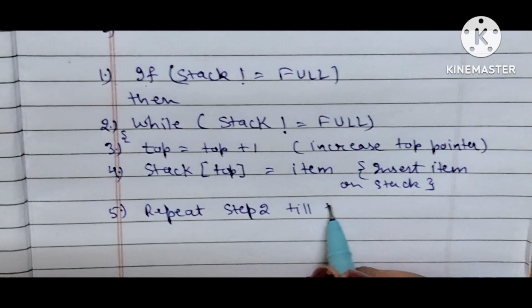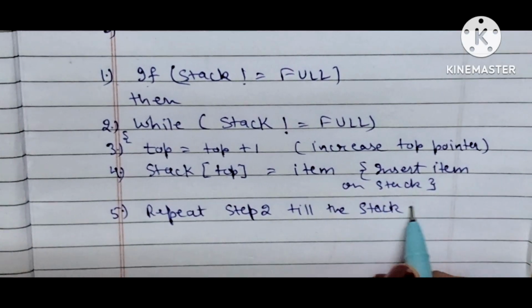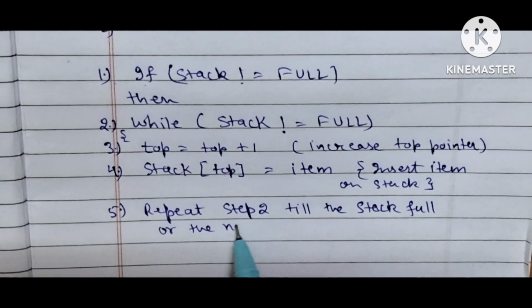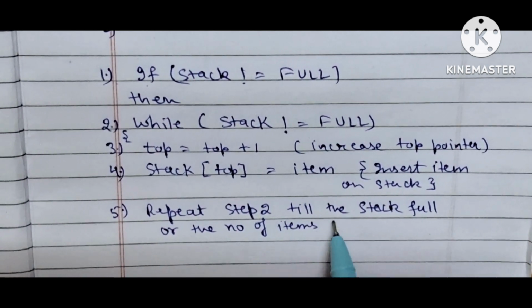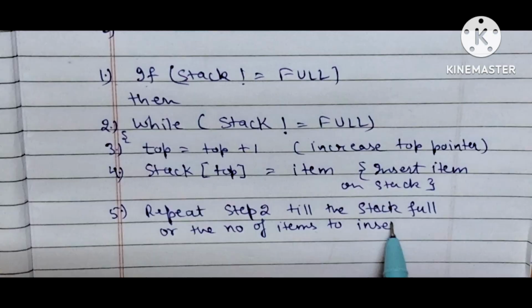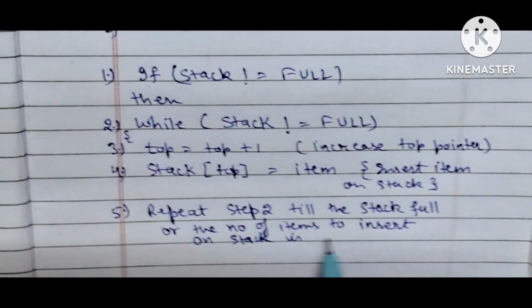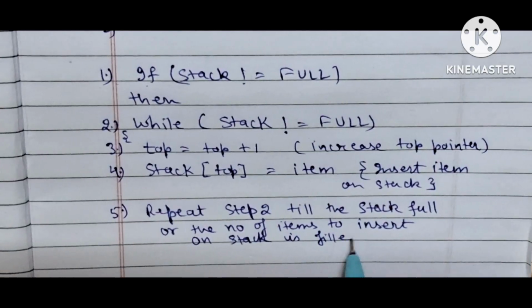Then we repeat step 2, that is, we repeat the while loop till the stack is full or we have achieved the target of filling the items on the stack.